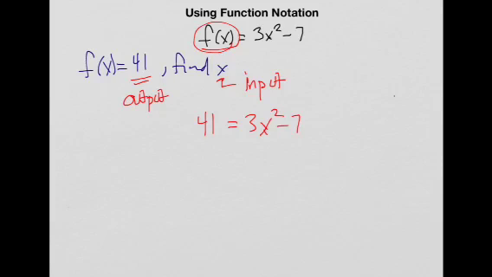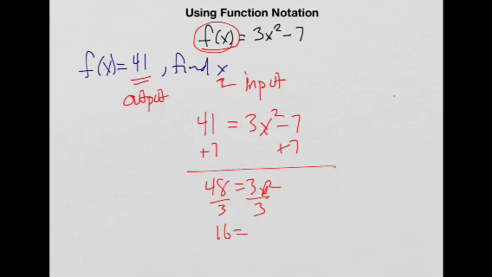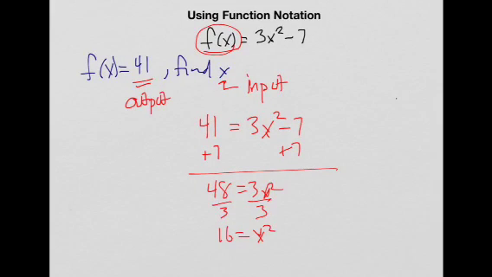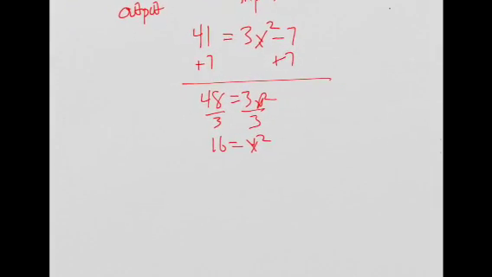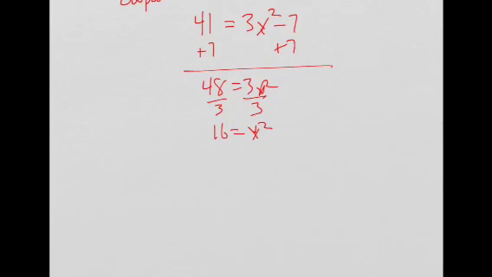Now I just solve this equation. I'll add 7. I'll divide by 3. I will take the square root. Again, when I take the square root, I get the absolute value.